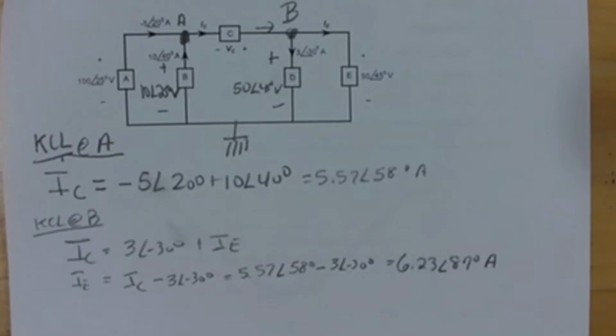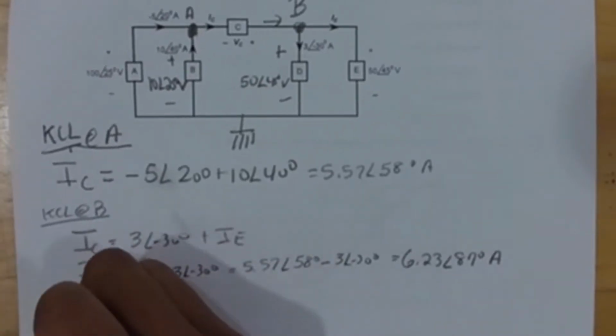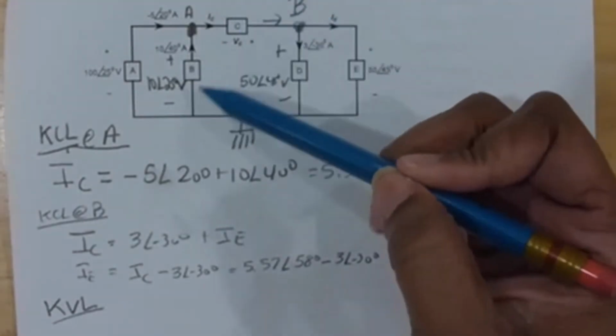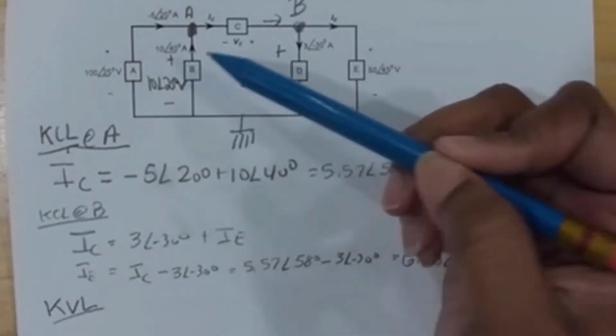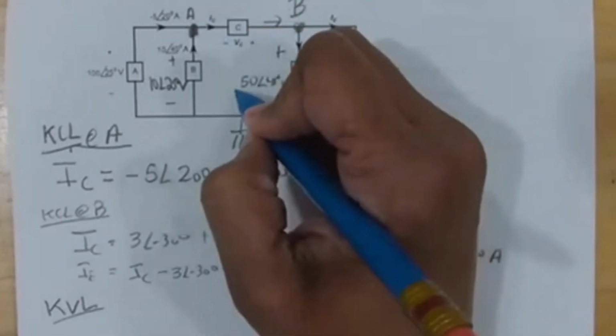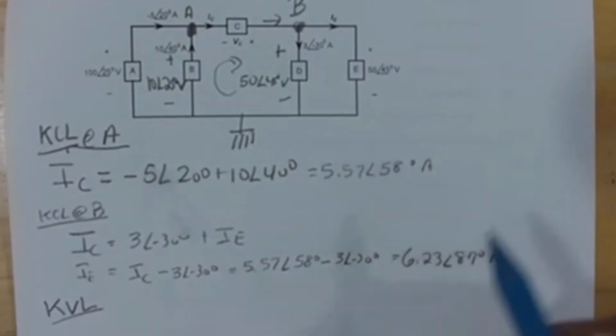Okay, now we need to find VC. We're going to use KVL in that middle loop in order to find VC. So I'm going to have 10 angle 25 degrees plus VC, because if I go clockwise, both of those are rises, and the voltage across D is a drop.